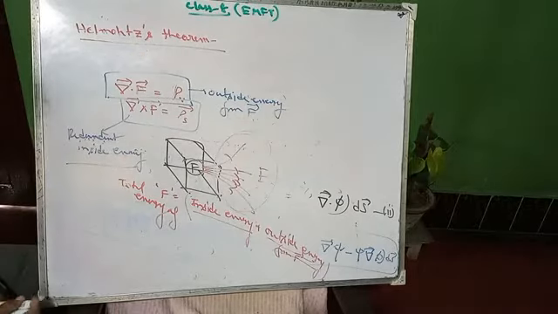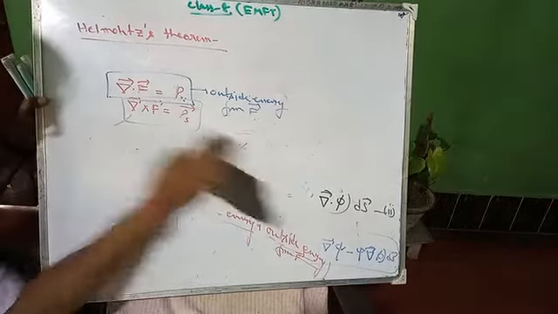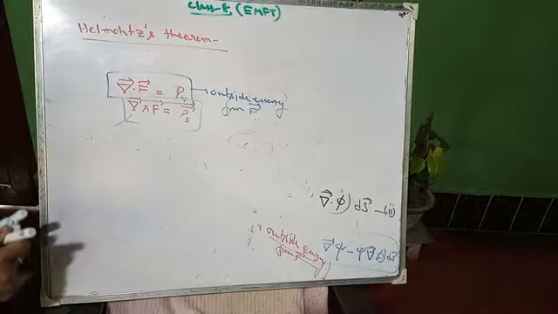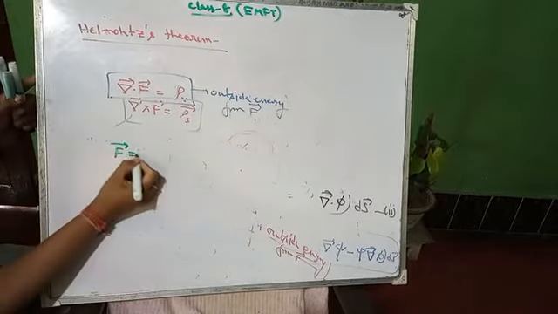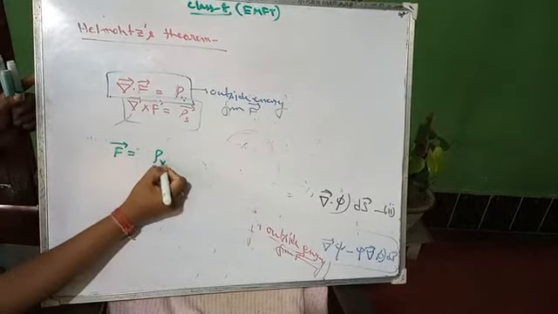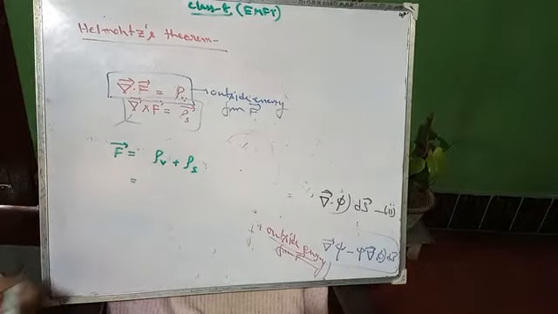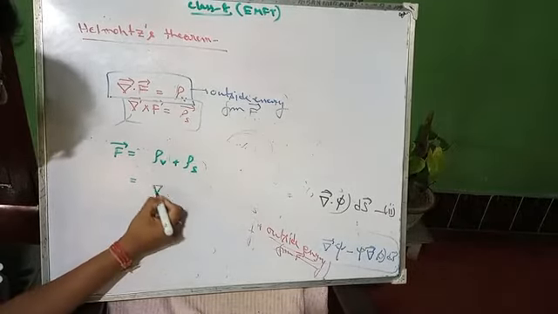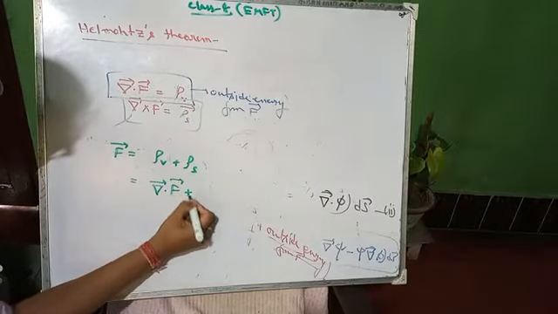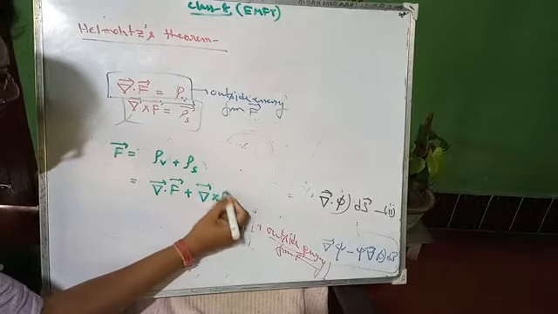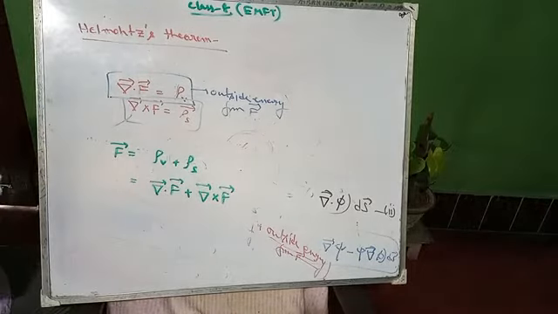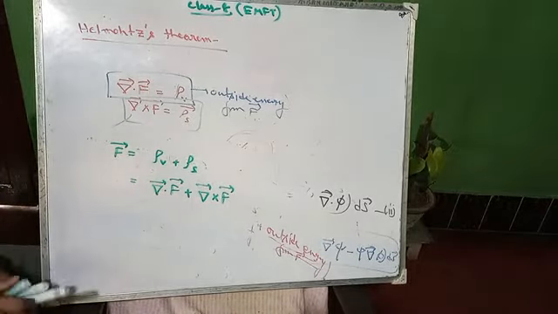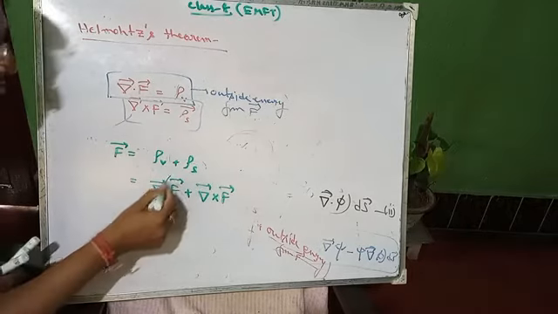According to Helmholtz theorem, F vector can be written as rho v plus rho s. So rho v means divergence of F plus curl of F. Once again, I conclude that this F and this F are not the same.